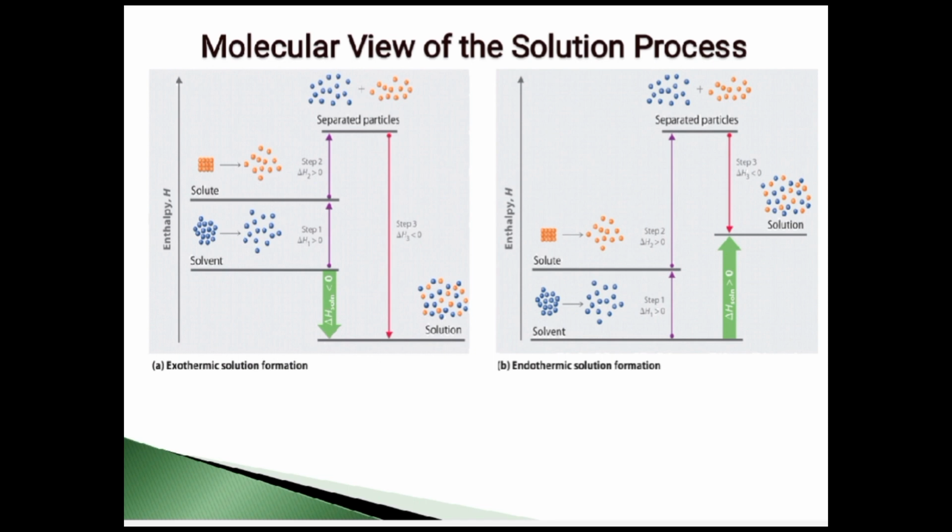In A, which is exothermic solution formation, you can observe that the solvent and solute molecules possess some energy on the enthalpy graph. When they get separated, they acquire some energy for their separation.